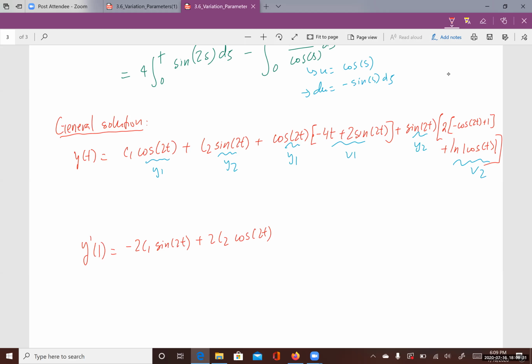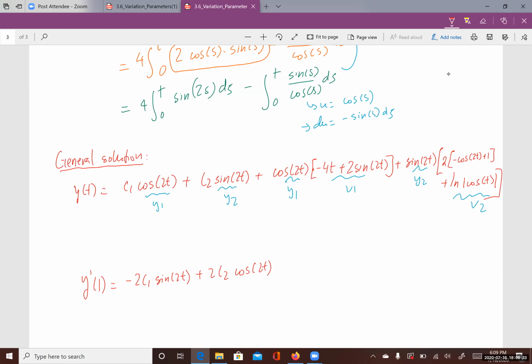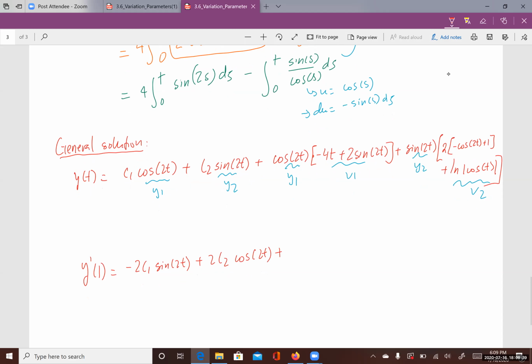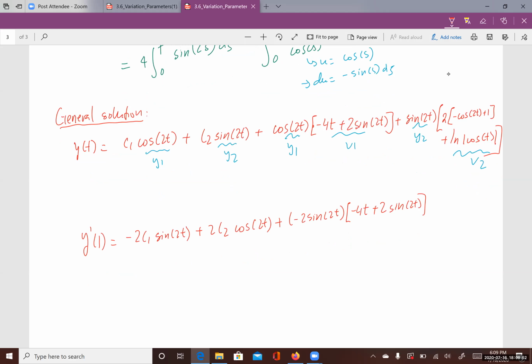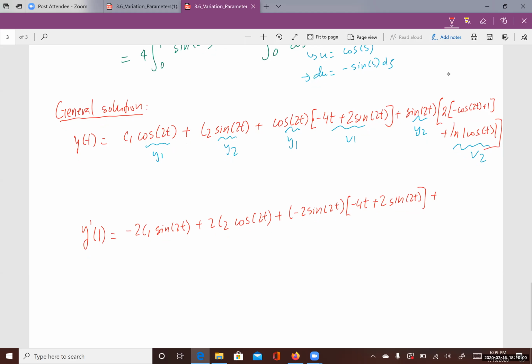Okay, and then we'll find this derivative. It's going to be negative 2 sine of 2t multiplied by the whole function. Then you have to use the product rule, plus the derivative of this function.